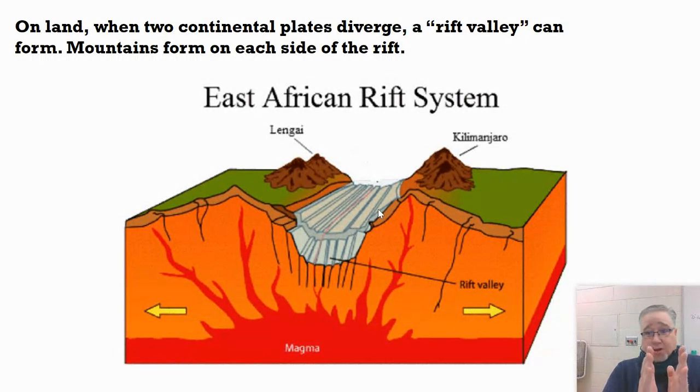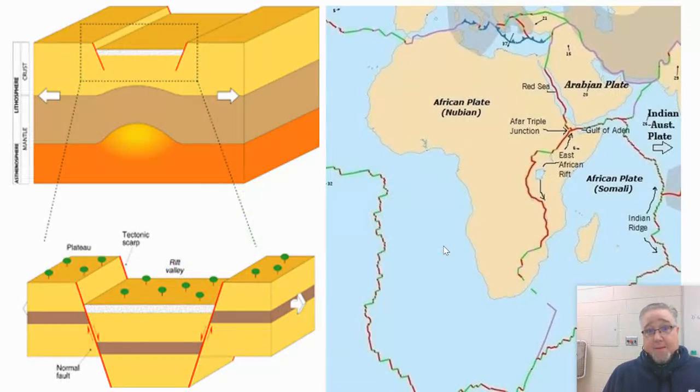Now, again, as those plates are separating, a lot of times what you end up getting is mountain ranges that occur on either side of the rift, because the land is pushing apart, spreading, and it's forcing mountain ranges to form here. Because again, magma's moving upwards and it'll form mountains. But that rift is forming in the middle.